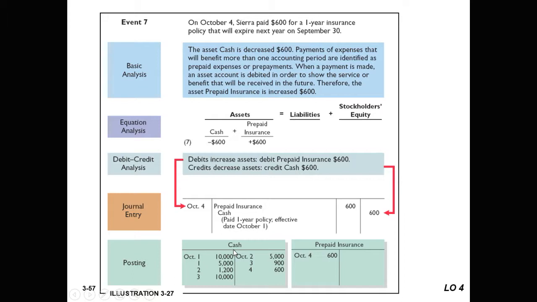Remember, what we will do is we will add up each side. Whichever side is higher is the side of the balance. We then take the higher side and reduce it by the lower side, and that will tell us what the actual balance is in the account at any given point in time.